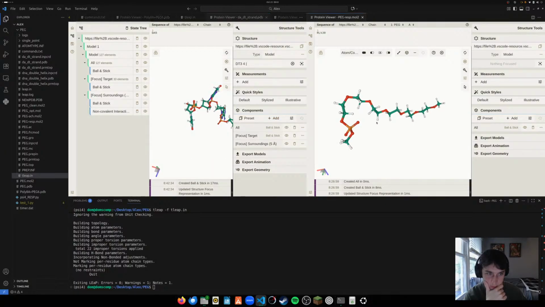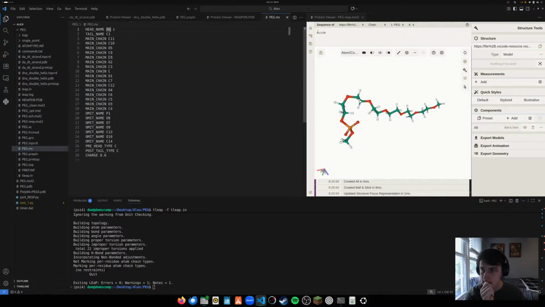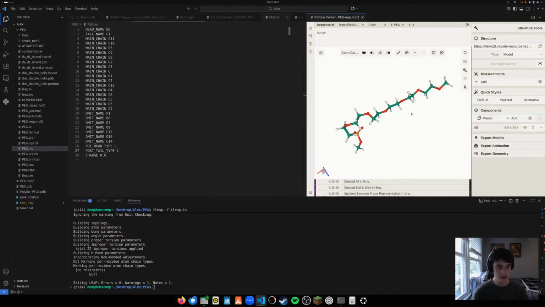So the equivalent would be this, O6. So what is that? The pre-head type is C. I don't know what post-tail, is that just talking about this?